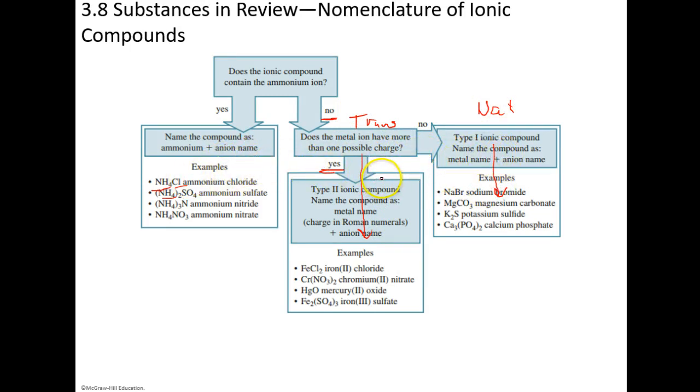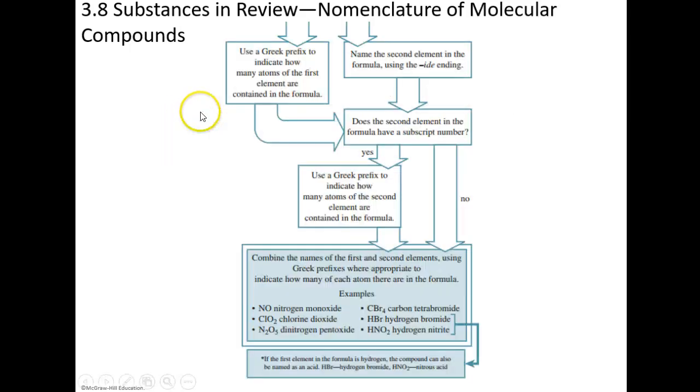Is there a metal? Or is it ammonium? Yes, follow these rules. Very simple. Is it not? No. Is it a transition metal? No. Go here. Is it a transition metal? Yes. So this is type 1. This is type 2. This is now ammonium, type ammonium.